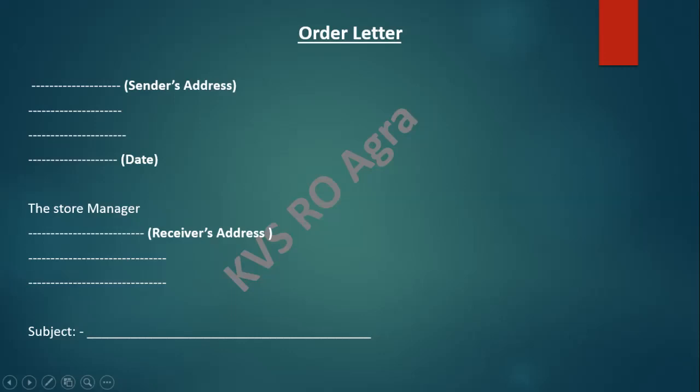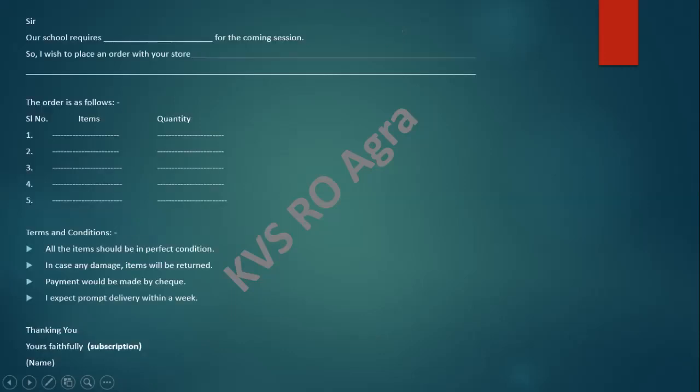Then you have to write the subject, and then the salutation should be given, and you have to introduce yourself and say what the school wants from him. For our school requires dash for the coming session, so I wish to place an order with your store. Whatever things you want to order from that store manager, you have to mention.